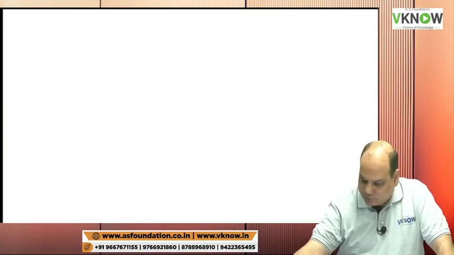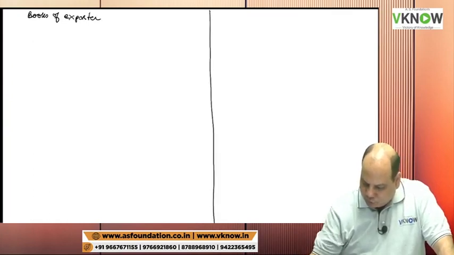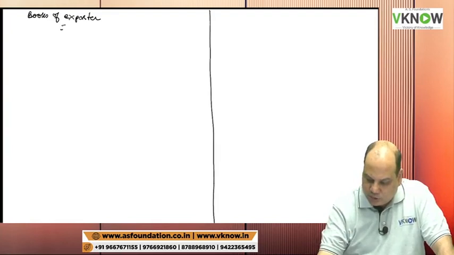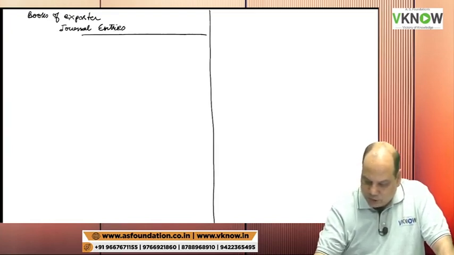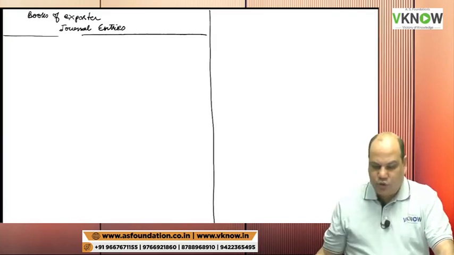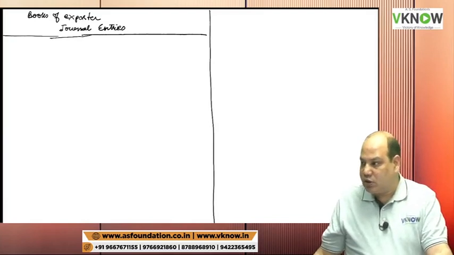So please write down books of exporter. Listen to me carefully, you will not have problem later. And if you don't listen to me carefully, then you will get confused. So this question is very, very important. And if you don't do it in advance, you will not be able to understand later.